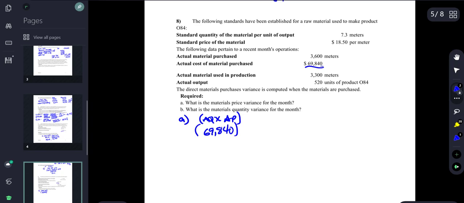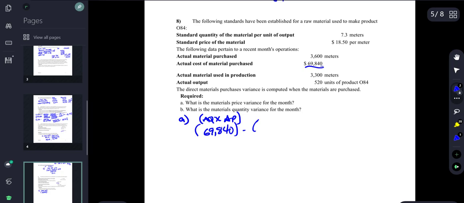And then we're going to subtract from that the actual quantity times the standard price, all right? So the actual quantity that we have here is 3,600 meters.